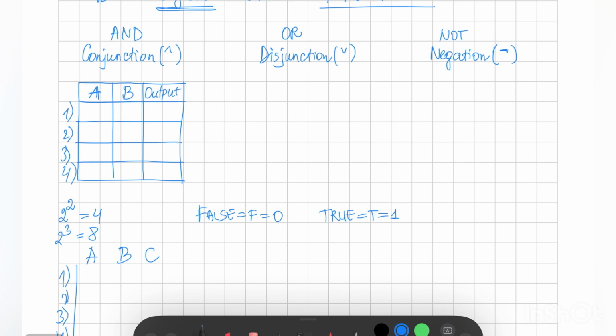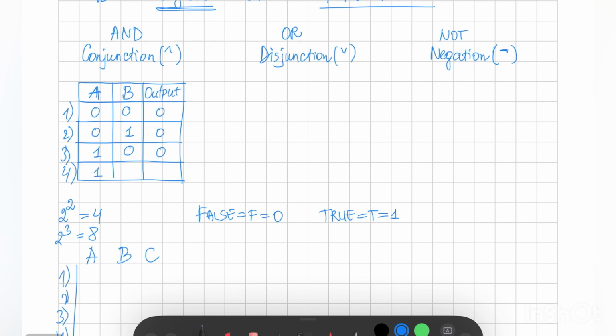If the first condition is false and the second condition is false as well, then output will be false. If the first condition is false, second condition is true, output will be false. If the first condition is true, but the second condition is false, output will be false.